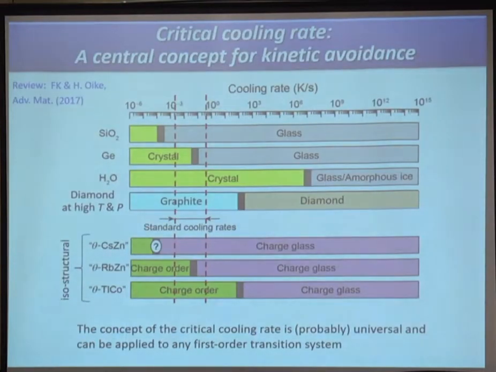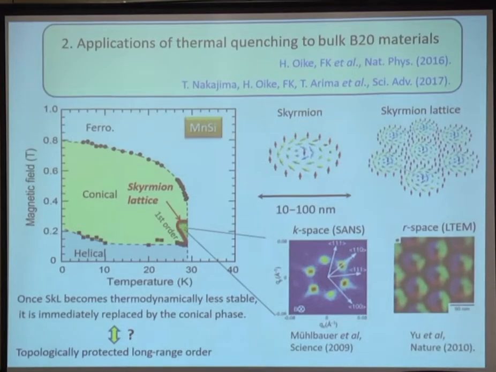Our systematic studies reveal that in these three strongly correlated electron systems, the charge ordering transition can be kinetically avoided, although the critical cooling rate depends on the material like this. So we believe the concept of the critical cooling rate is universal and can be applied to any first order transition system. So we started to consider the application of thermal quenching to bulk magnetic materials.